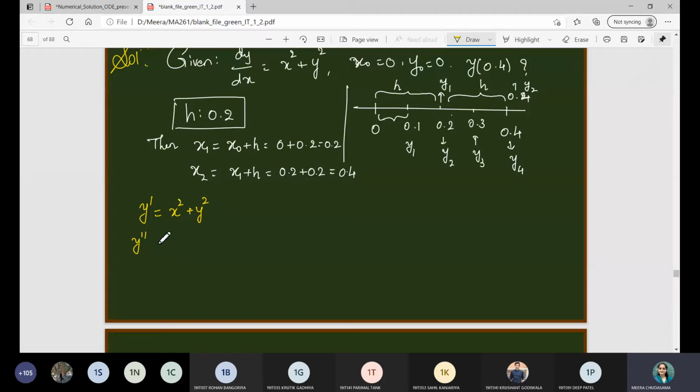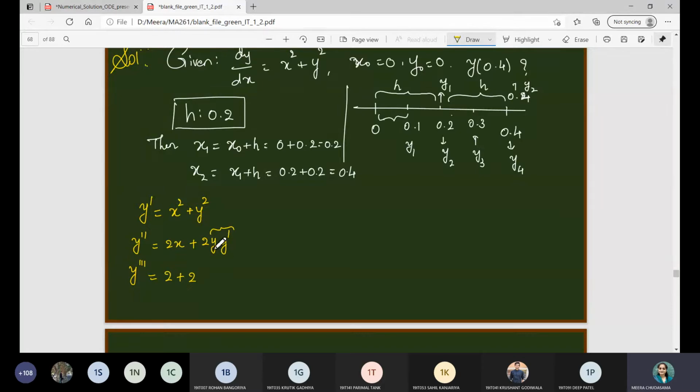Then y'', be careful in this derivative because it involves the term y square. So the x square derivative is 2x, plus the y square derivative is 2y into the derivative of y, that is y'. Then for the third order derivative, 2x derivative is 2 plus, now y is also a function of x, y' is also a function of x, therefore you have to apply the multiplication rule.